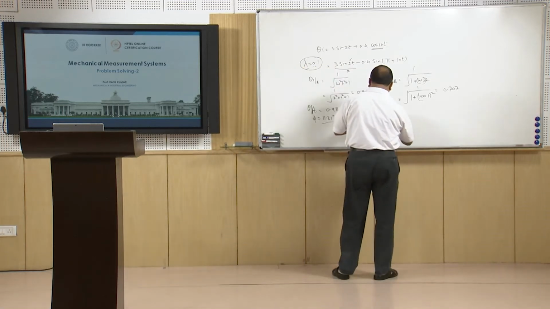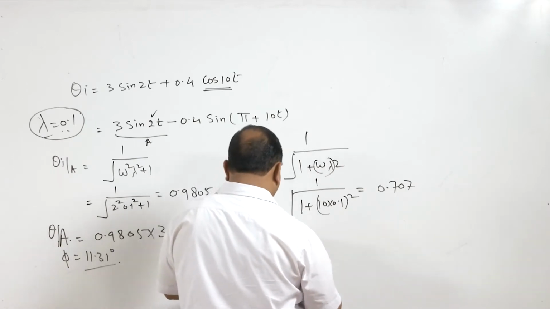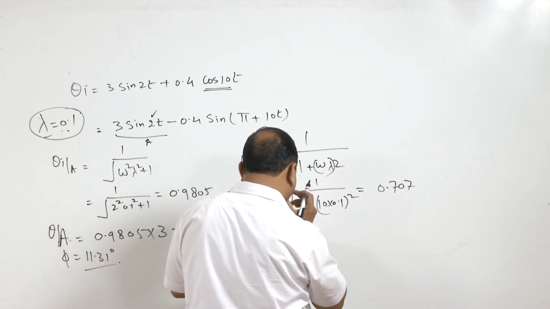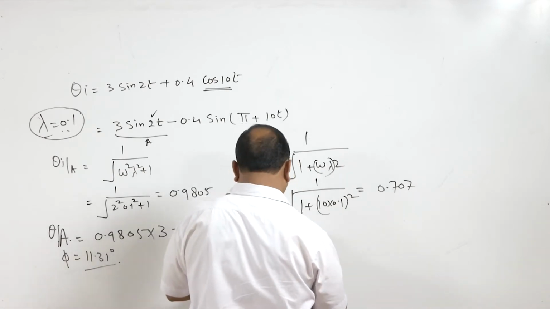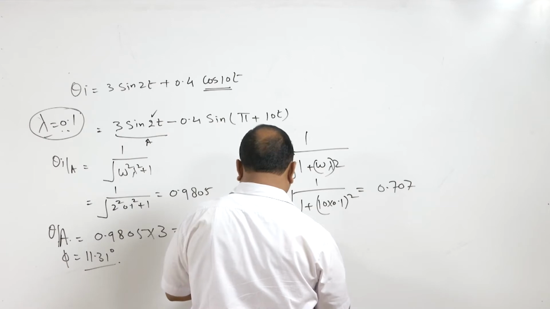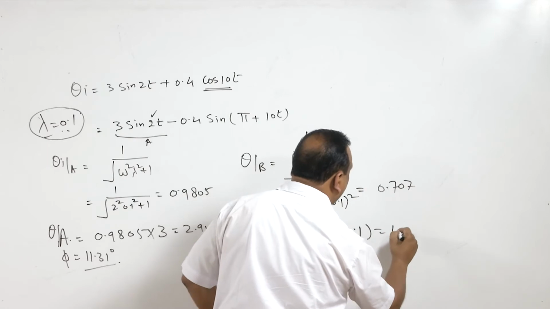The phase angle phi is equal to tan inverse omega lambda. What is omega? 10 into 0.1, which is equal to 45 degree.